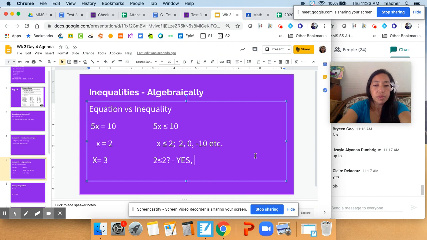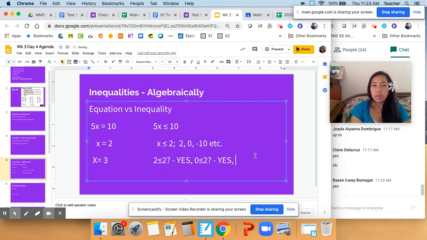All right, let's check this one. 0. You plug it in. Is 0 less than or equal to 2? Yes, it is. So 0 is a solution as well. This is where it starts to get different. In an equation, there was only one solution.